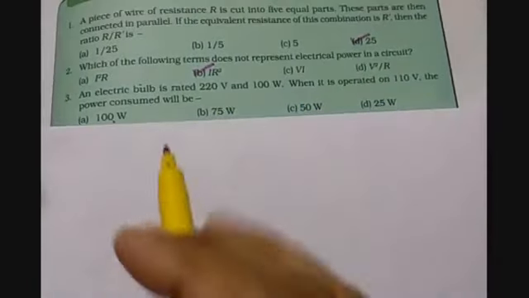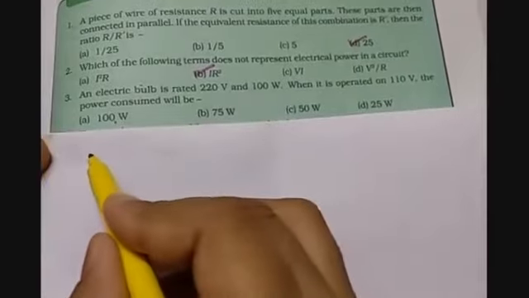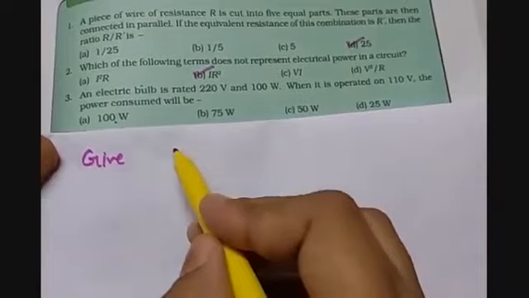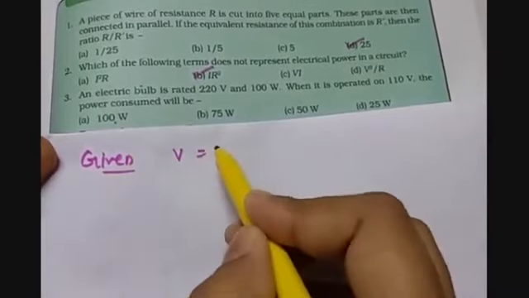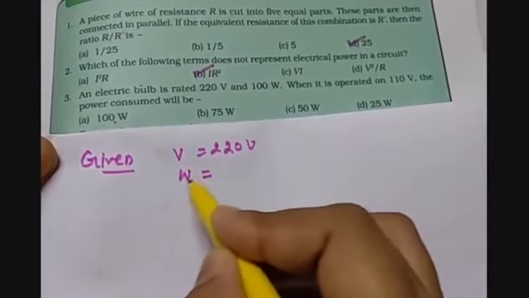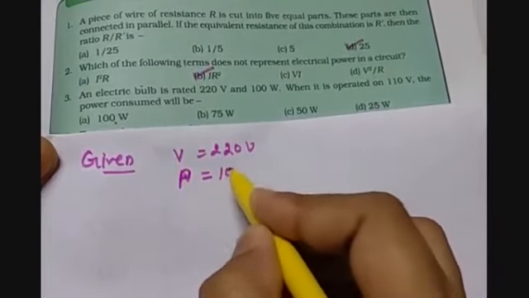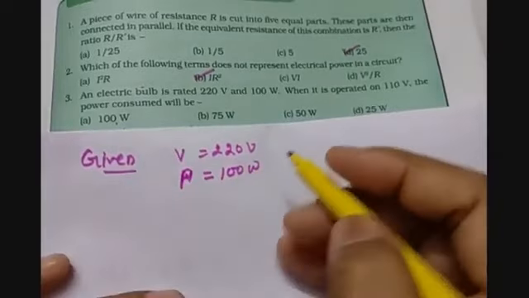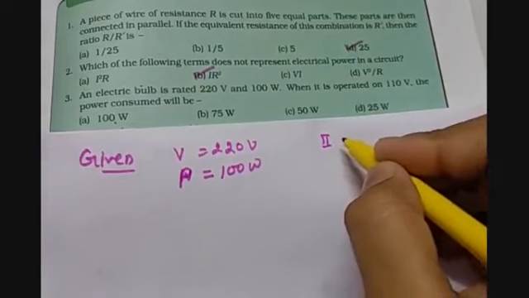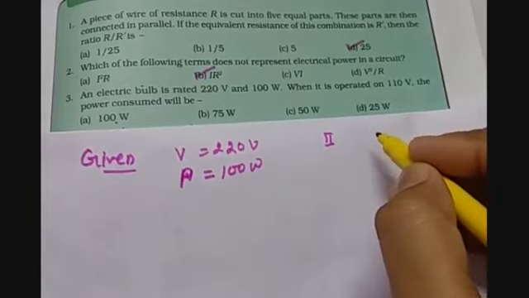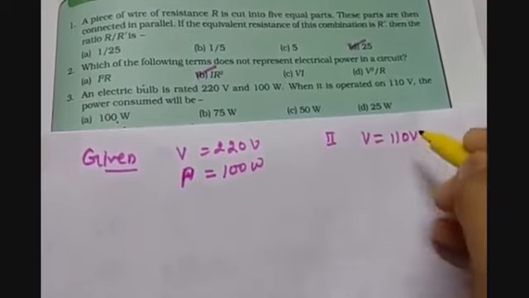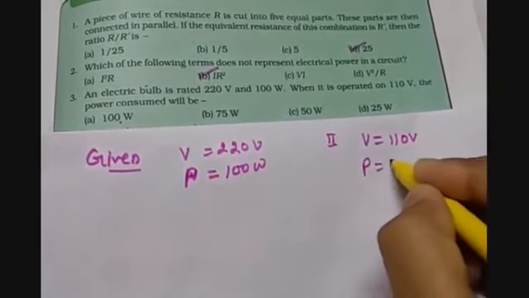In the question, we have been given potential difference as 220 volts and power as 100 watt. And in the second case, we have to find out the power consumed when the potential difference is 110 volt.